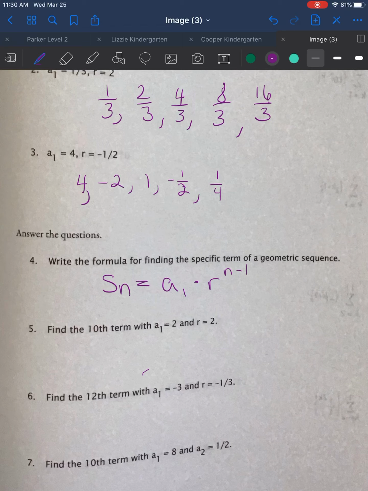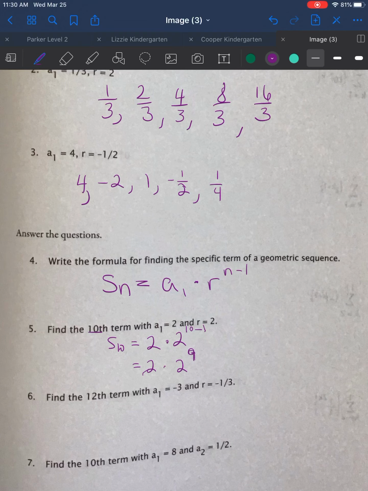So if we're trying to find the 10th term of a sequence, sorry, you know me, in sequence versus series, of a sequence where the first term is 2 and our common ratio is also 2, then we could find S of 10 is equal to my first term, which is 2, times r, which in this case is 2, to the power of 10 minus 1, since we're looking for the 10th term. So this would be equal to 2 times 2 to the 9th.